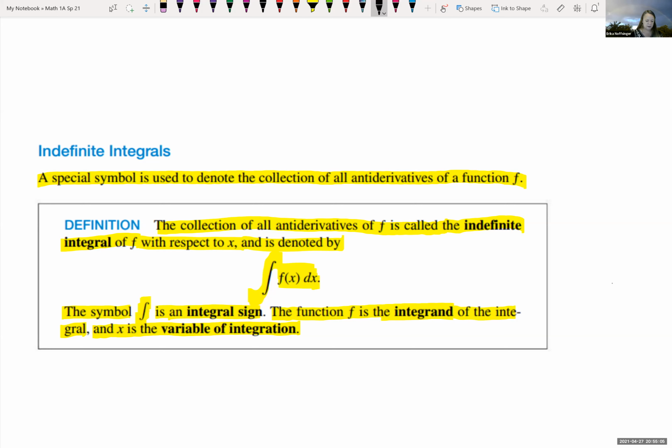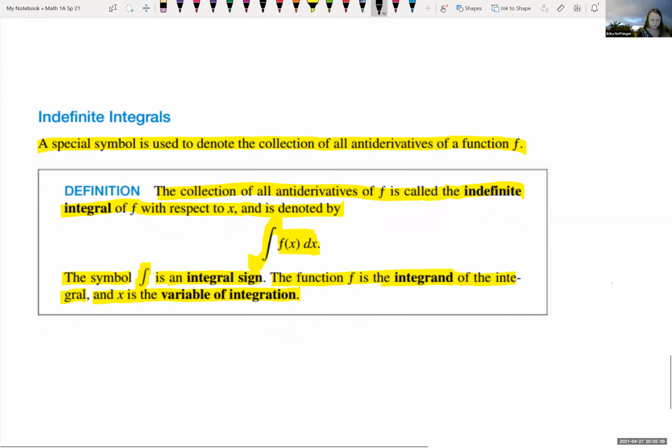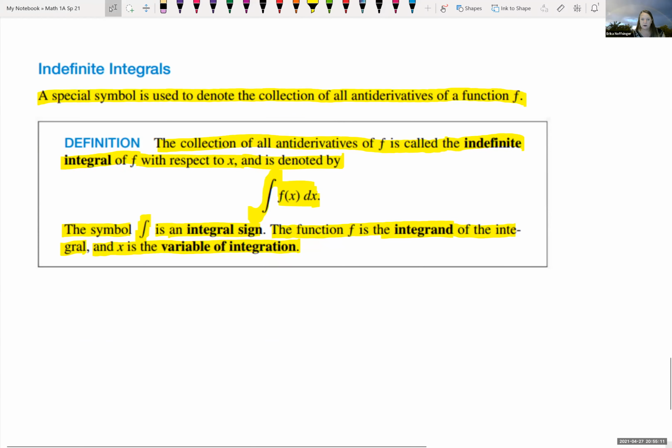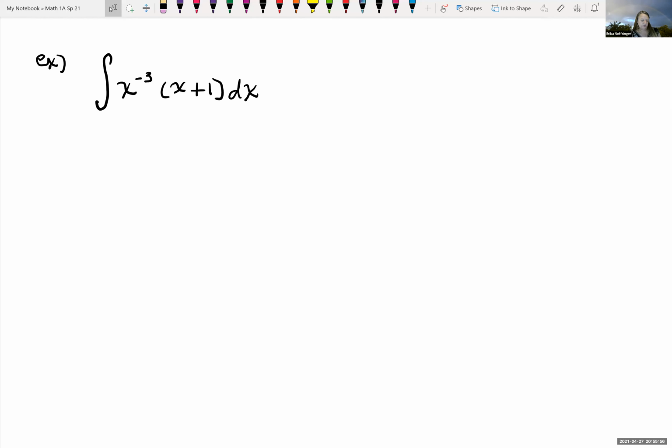Okay, so let's look at some examples of finding indefinite integrals. We have the integral of x raised to the negative 3 power, times the quantity x plus 1, dx. We're trying to find the indefinite integral of this.